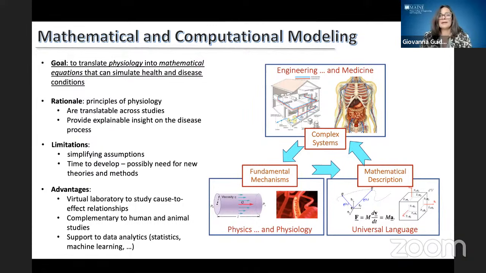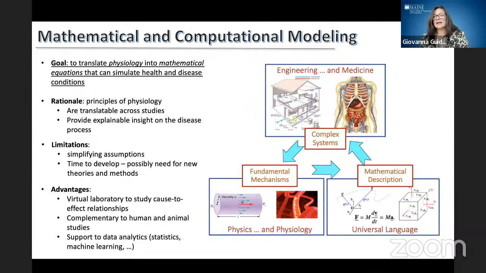So, I have written here on the right the rationale, the limitations, and some advantages of using mathematical and computational modeling to investigate mechanisms in physiology. I already talked about many of the advantages, and in particular, this concept of virtual laboratory, where we can use the simulations to look at the data and see whether we capture the right mechanisms.